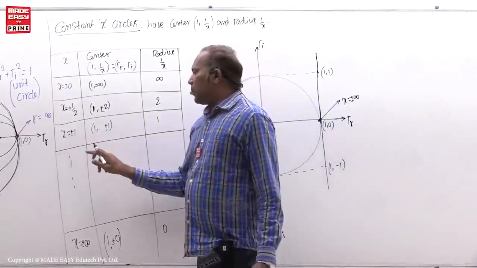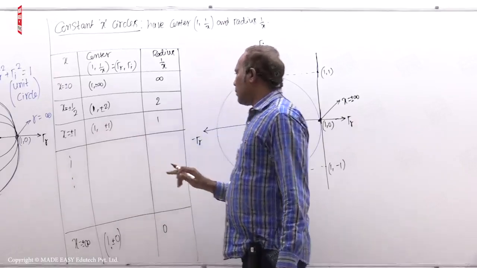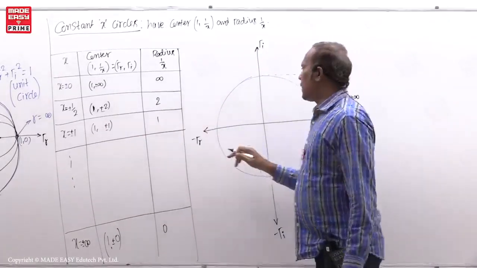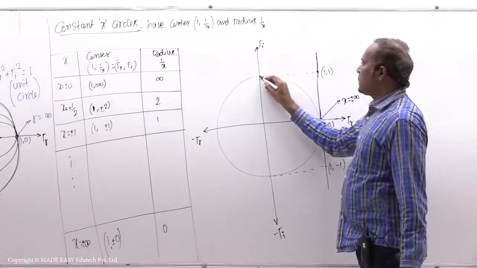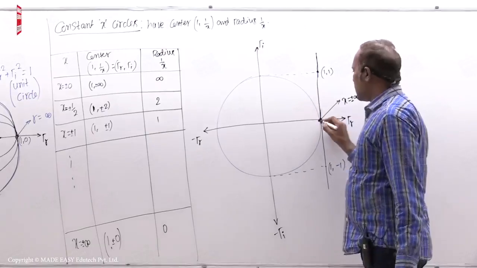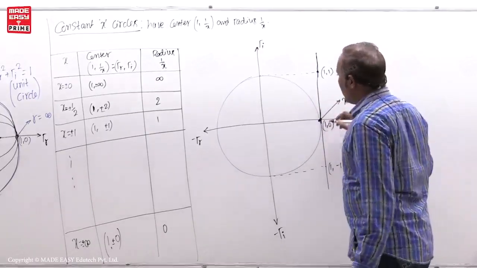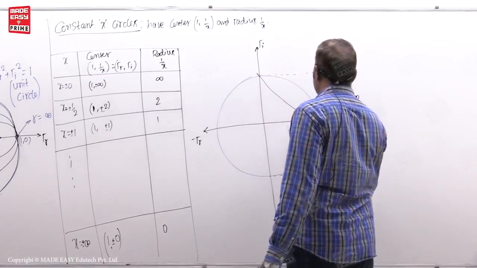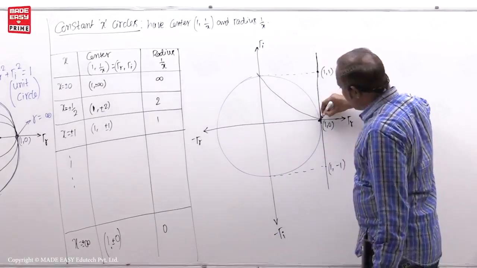X is equal to plus 1 I put, 1 comma plus 1. 1 comma plus 1 means this one is the center, and radius is 1. So from here to here distance is 1, from here to here distance is 1. That means that circle passes through this point and this point. It should be going like this. So here there is one circle.